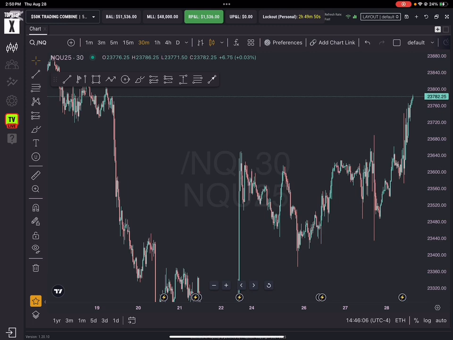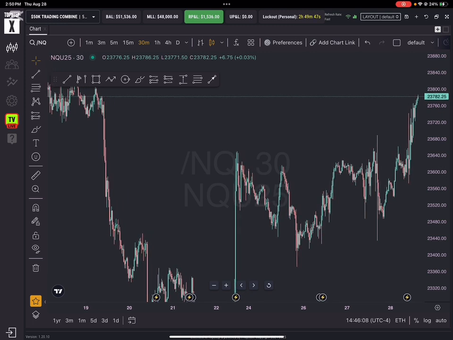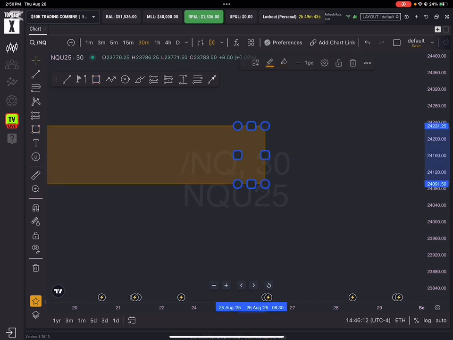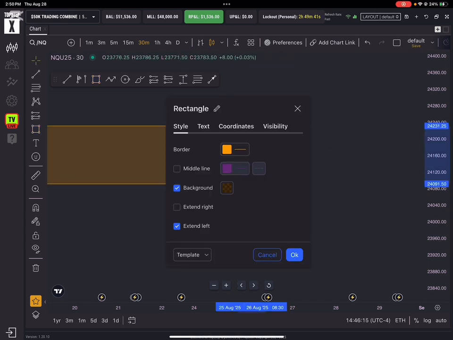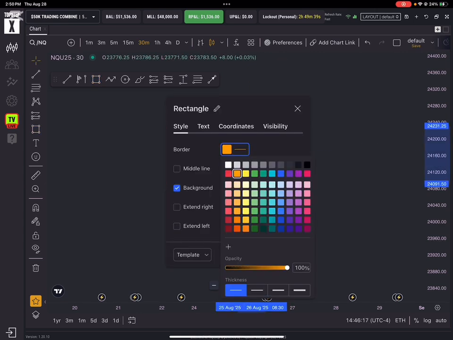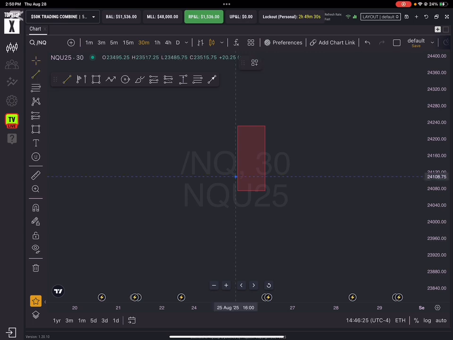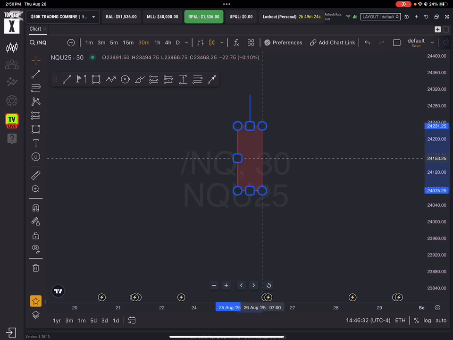Let me explain myself. As we know, on a candlestick, let me draw a red one, we have the body and we have the wick, right?